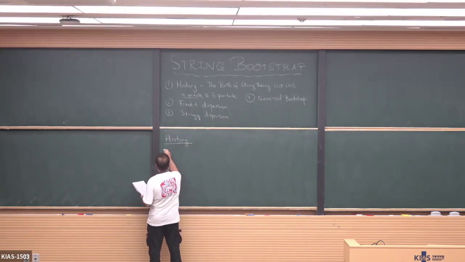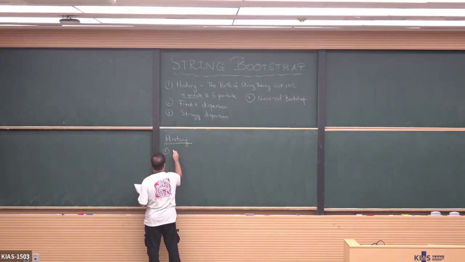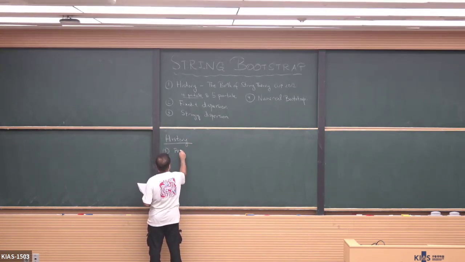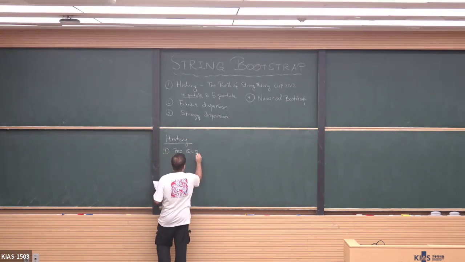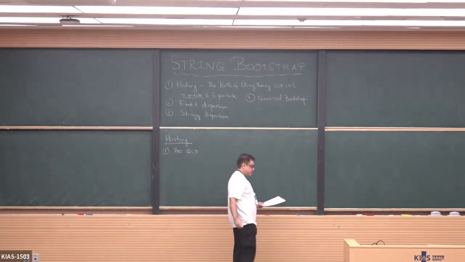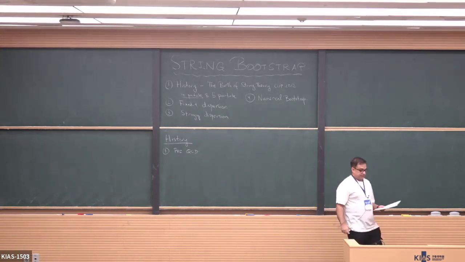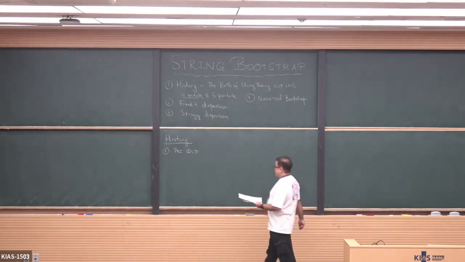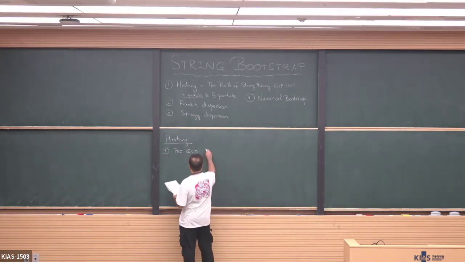In the 1960s, this was pre-QCD, people were really confused about how to understand strong interactions. They had data, but they didn't know how to interpret them. So this is trying to understand strong interactions.